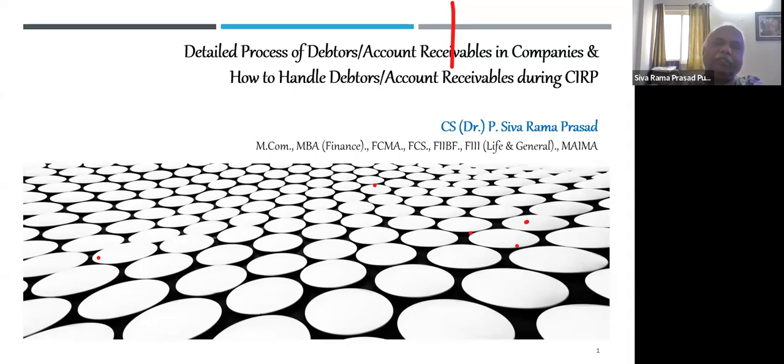Otherwise, if we miss those assets, and later the prospective resolution applicant recovers that amount from the debtors, then the creditors are losing the money. So maximization means every asset we have to include in the resolution information memoranda and, through the resolution plan, encash it. And in case of liquidation, we have to sell.